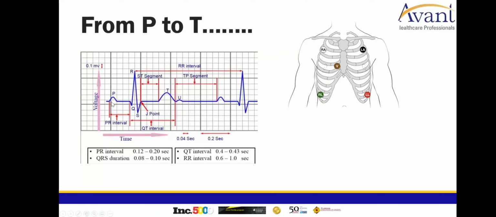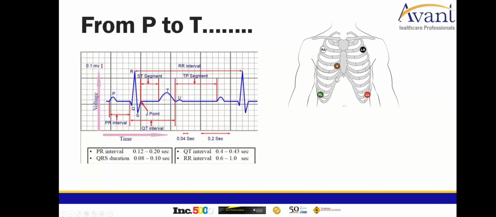So to figure out the PR interval, if we count how many boxes in between, for example, we have 1, 2, 3, 3.5, maybe 4 boxes. So that's what, 0.16 seconds? Now that's within our normal range, isn't it? So we know that that's a normal PR interval. And we would do the same to measure the QT or the QRS and so forth and so on.